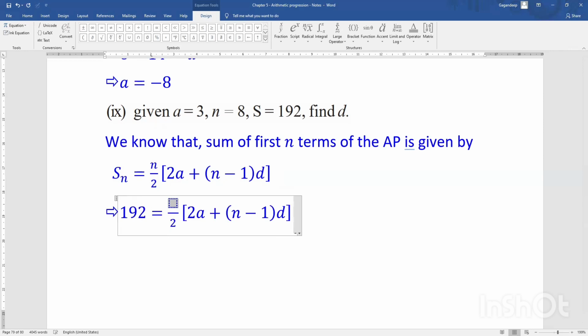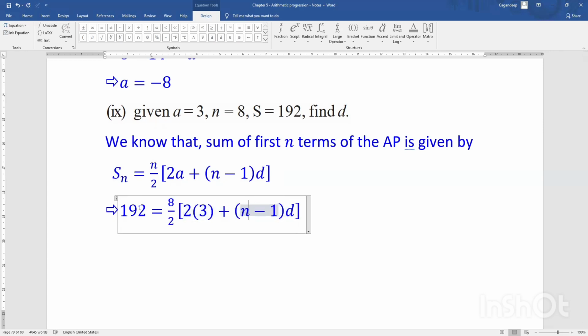So replace n by 8 by 2 into 2a. A value is 3, replace it with 3. And then n again it is 8. D value, let it be as it is.